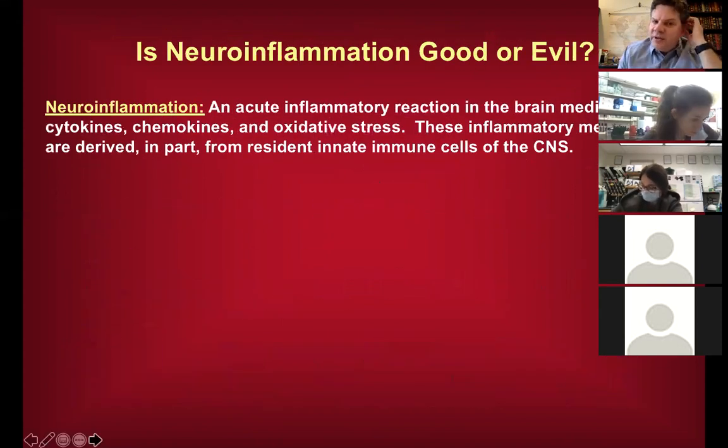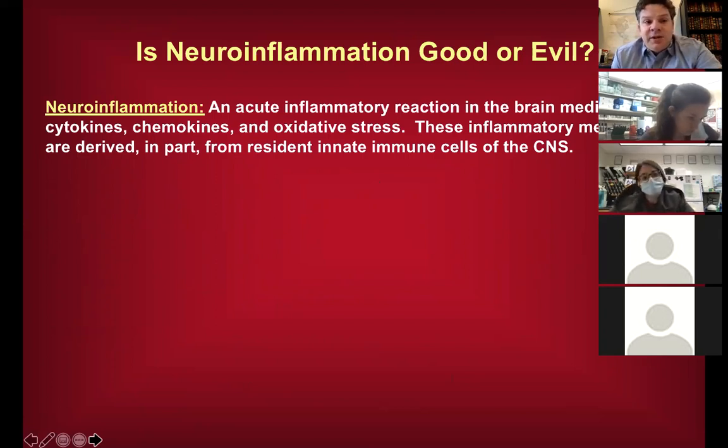Now here's a really important topic, and a term that probably all of you have used, and some people absolutely hate this term: neuroinflammation. It's very vague. If you saw neuroinflammation in the title or you use it in your talk, a lot of people won't know exactly what you're talking about.